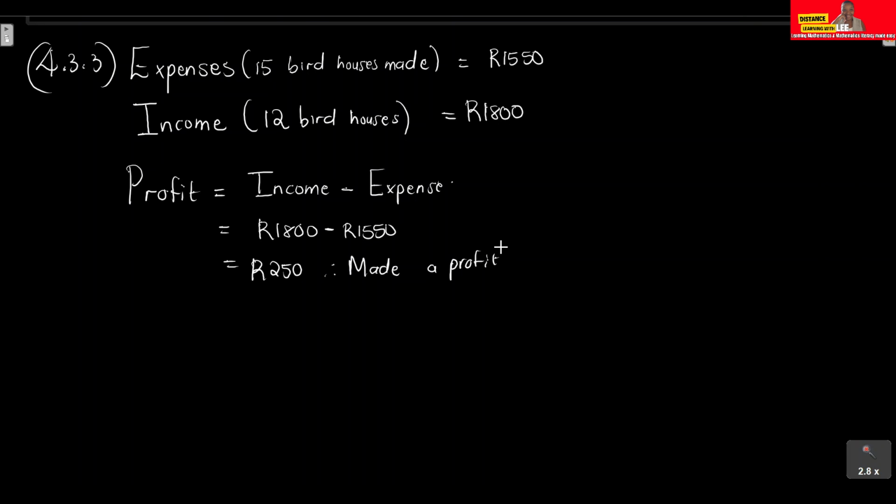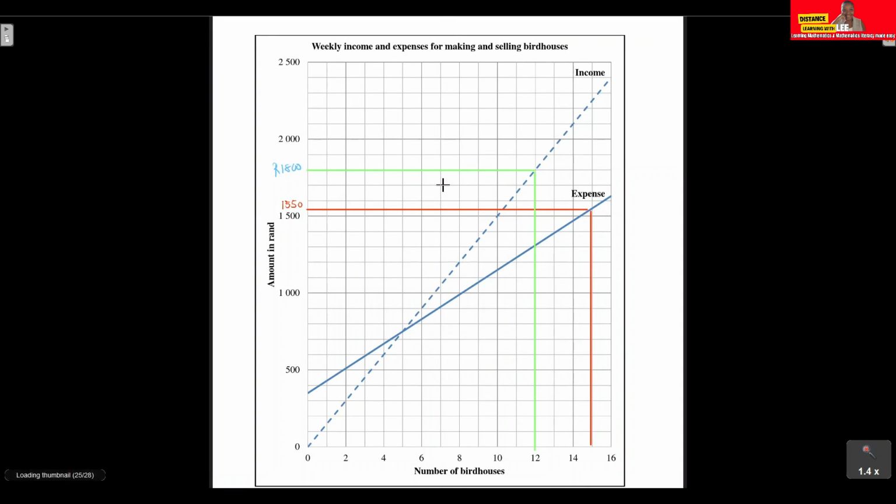We can also confirm if this is correct, because I did mention that for Itumeleng to work at a profit, he needs to sell a number of bird houses that is more than 5. So he needs to sell 6, 7, 8, 9, 10, 11 or above.